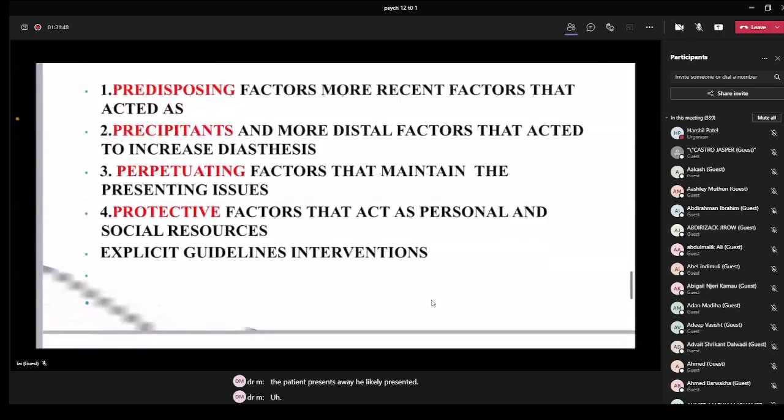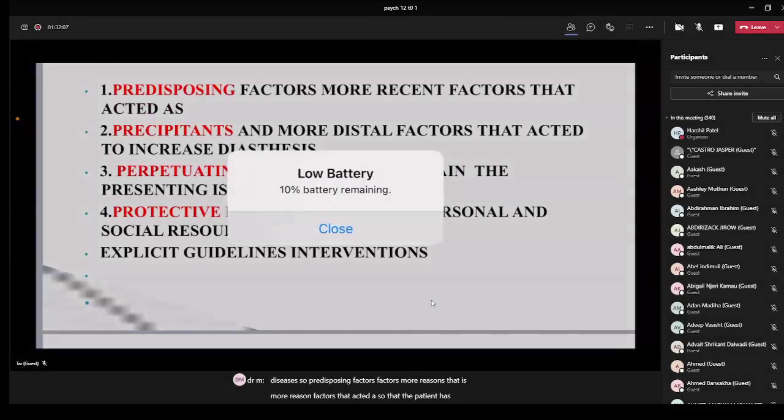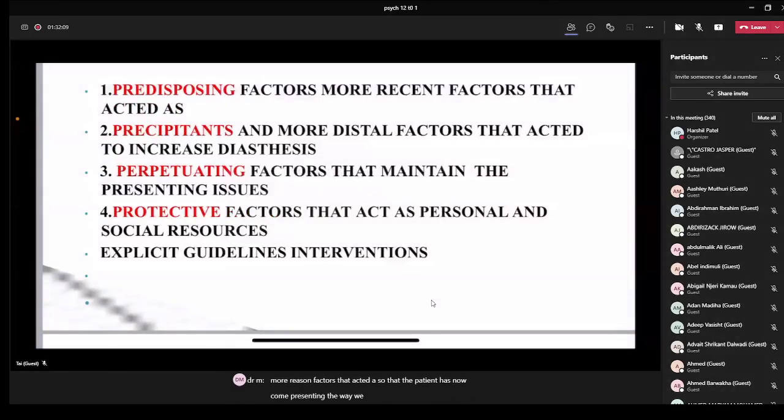Factors like genetics predispose people quite a lot to developing certain kinds of mental illness or any other diseases. So predisposing factors are more recent factors that acted so that the patient has now come presenting the way they are presenting.